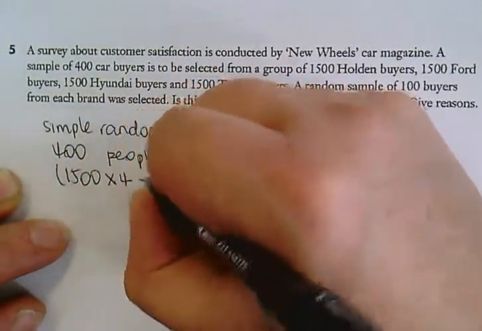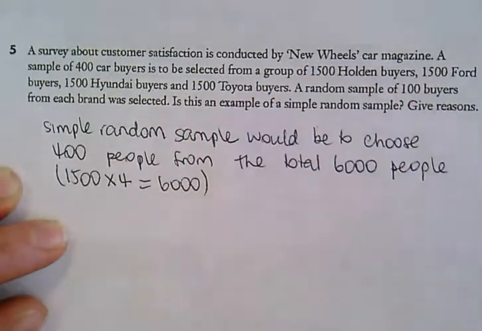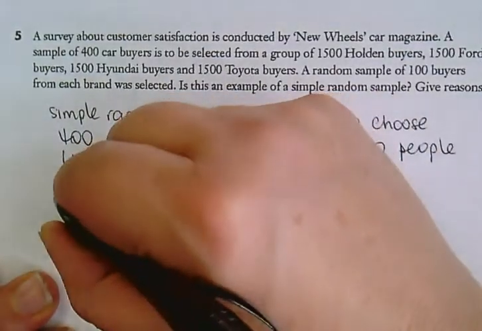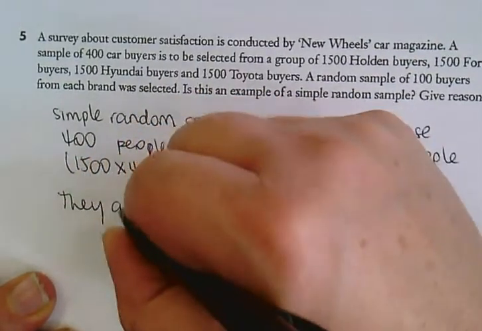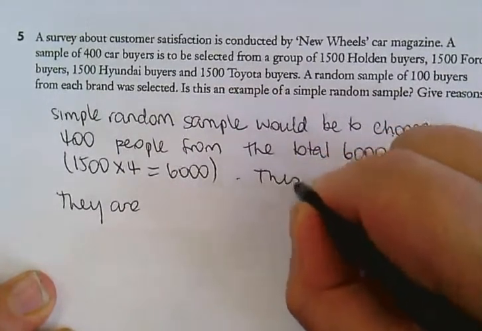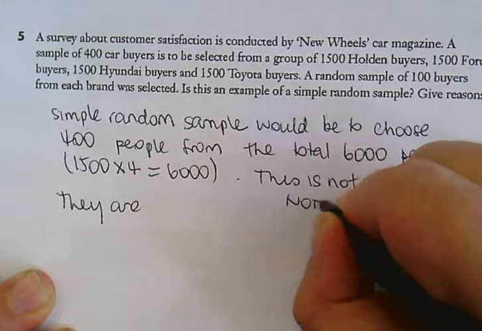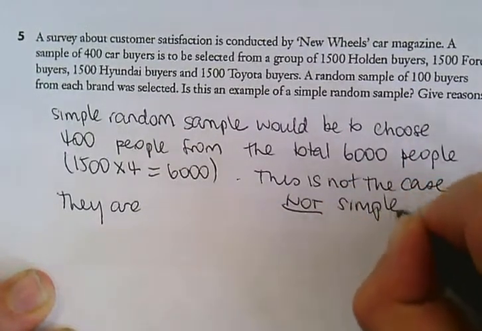The 1,500 times 4 is 6,000. So a simple random sample would be if you chose 400 people from the entire 6,000. We're not doing that. Okay? This is not the case. So it is not a simple random.